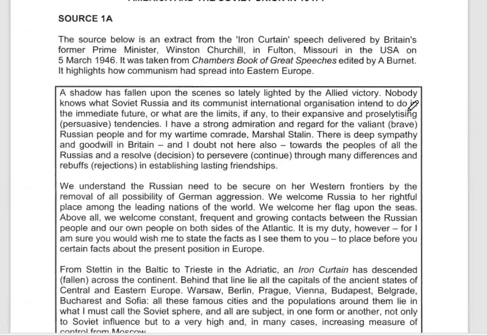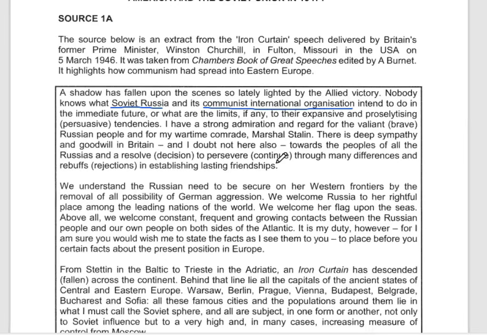And it goes on to say, nobody knows what the Soviet Russia and its Communist International Organization intend to do in the immediate future. So the implication is the Soviet Russia and its Communist International Organization. They are the ones who are being blamed in this particular instance of our question.